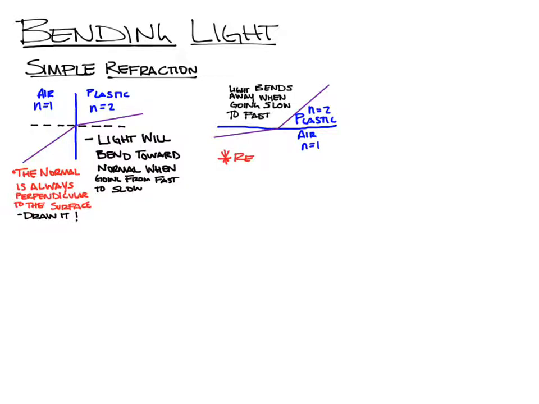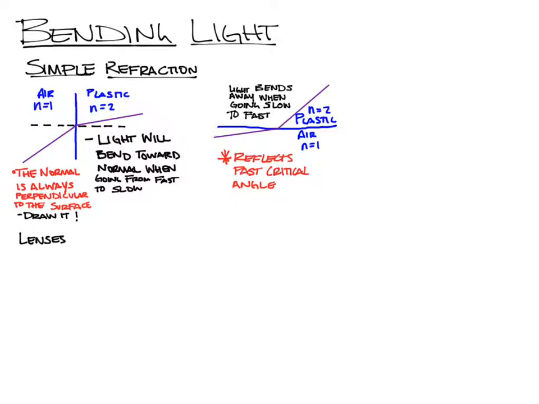The exception to that is that light will reflect once we hit our limit, once we hit that critical angle. Critical angle is the last possible refraction where the light is refracted perpendicular to the normal line, parallel to the surface. Once we get past that, we're just going to totally reflect on the inside. That is simple refraction. We're going to move on and talk about lenses.